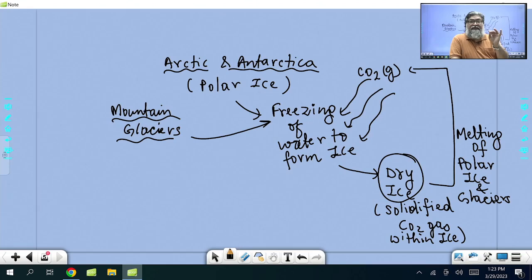There's something called a freezing point, and something called a melting point. As the temperature becomes -10, -20, -30, the water freezes into ice, and carbon dioxide gas can also become like ice.